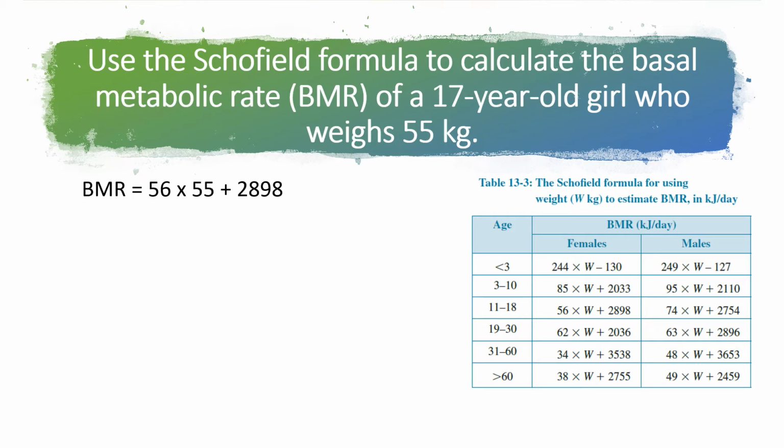So we're going to use 56 times W plus 2,898. So her BMR will equal 56 times her weight, which is 55, plus 2,898, which equals 5,978 kilojoules per day.